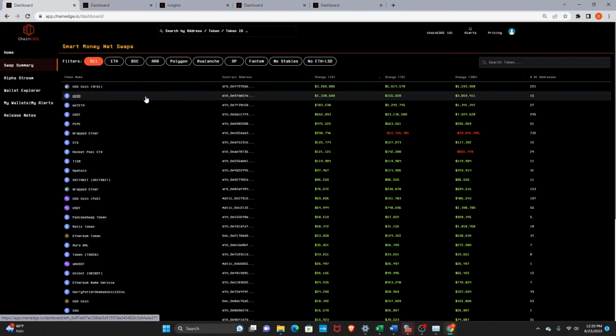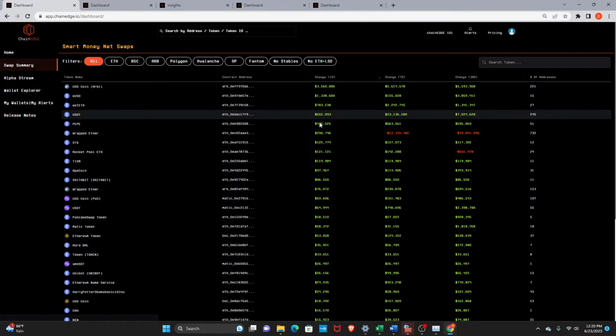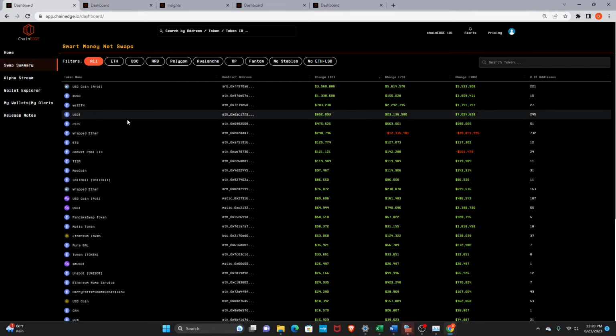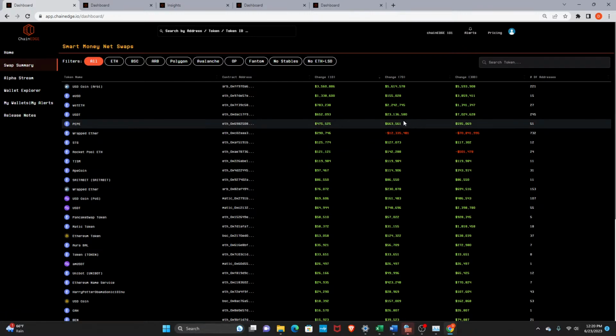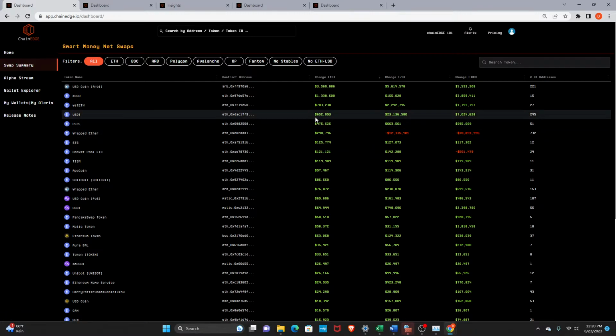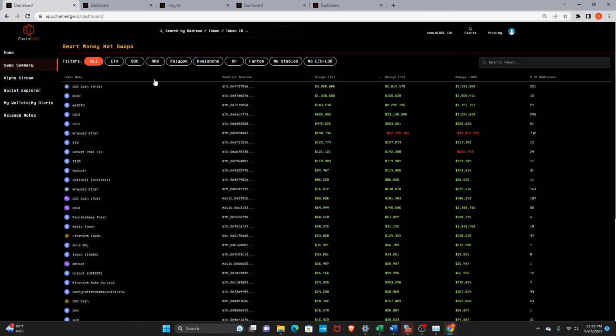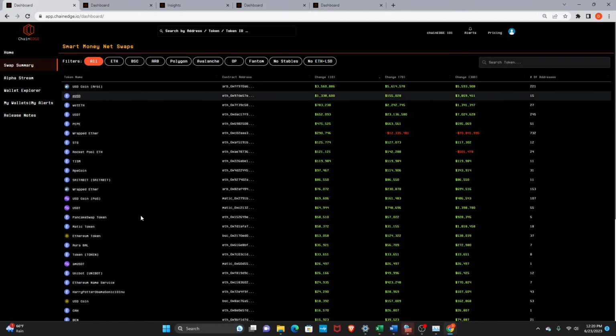Then it's net. The reason you do that is because you're trying to spot net accumulation in just swap activity, like Pepe's example, that's exactly why these are positive. So it's literally the dollar value of the netting of the buys and sells for any of these tokens.